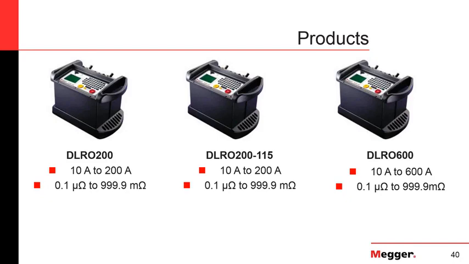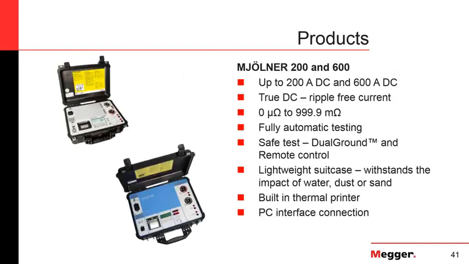And then we have the Milner 200 and 600. Of course, 200 amps for the 200 and 600 amps DC. Through DC ripple-free current, they can measure resistance values up to 999.9 milliohms.